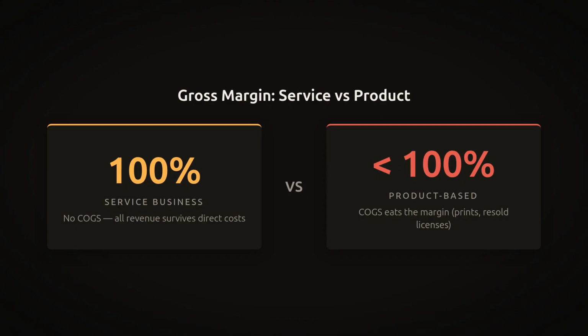Tracking gross margin over time reveals whether your pricing is keeping pace with your direct costs. A gross margin that is declining year over year without a corresponding reduction in operating expenses will eventually compress your net profit to zero, and the P&L will show it a year before your bank account confirms it.